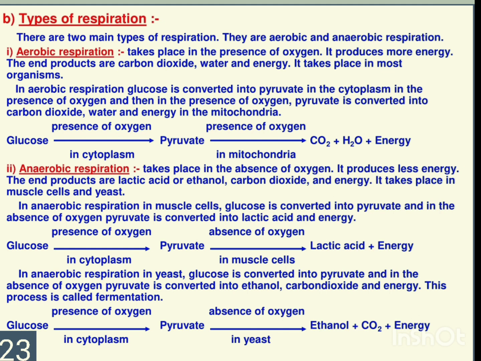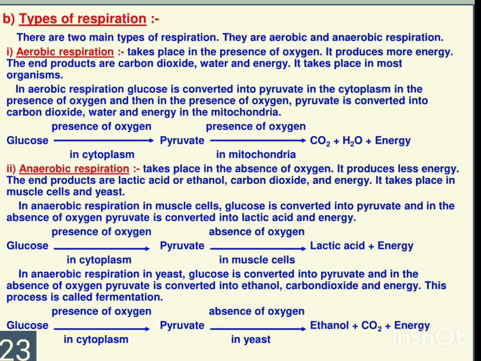What is happening? Glucose is converted into pyruvate in the cytoplasm, and again that pyruvate is converted into CO2 plus H2O plus energy in the presence of oxygen in the mitochondria. The first step happens in the cytoplasm and the second happens in the mitochondria.